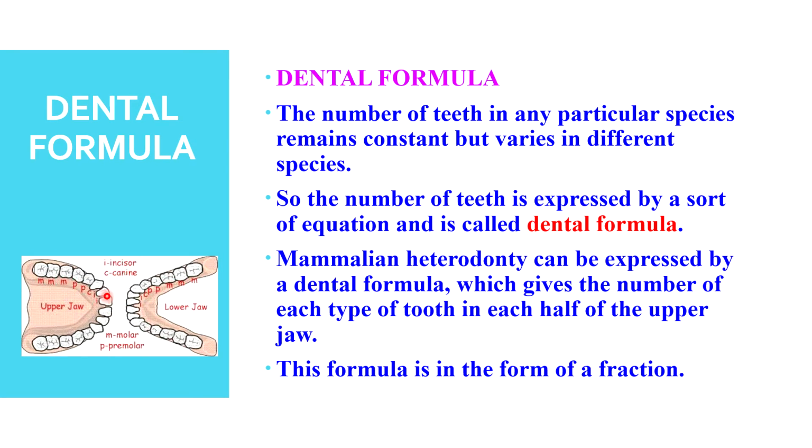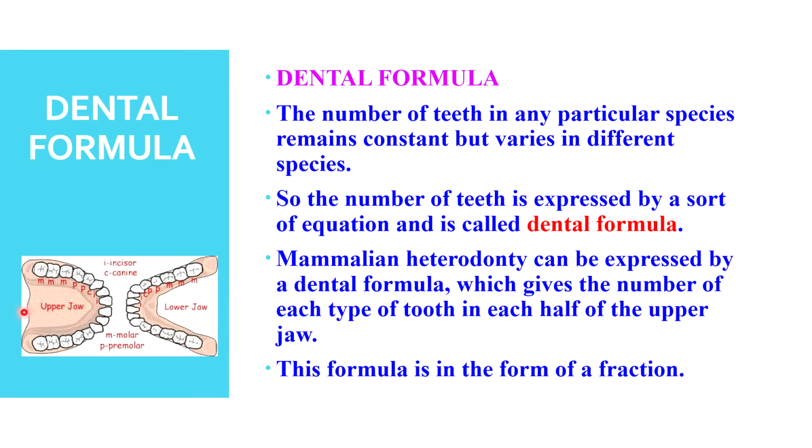And here 4 incisors are present in upper and lower jaw. 2 canines are present. Then 4 premolars and 6 molars. That is the condition in upper jaw. But here we can divide the upper jaw into 2.